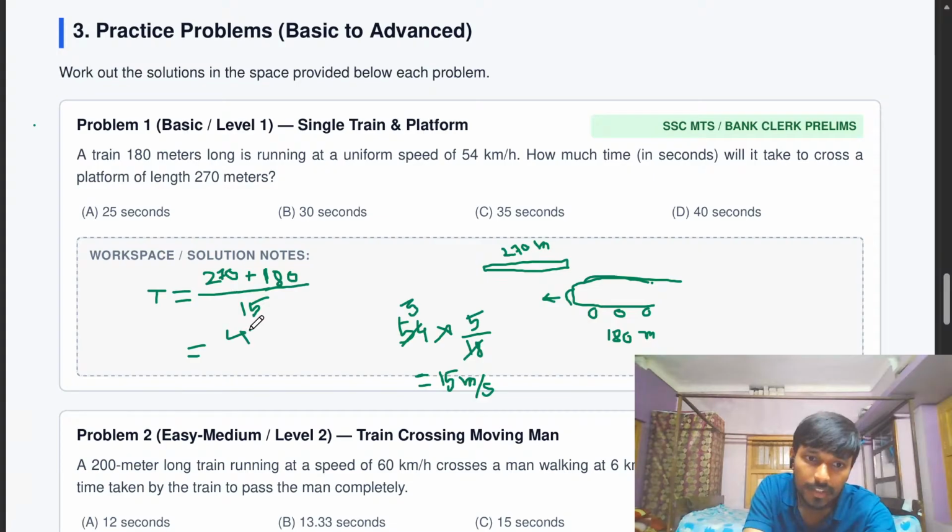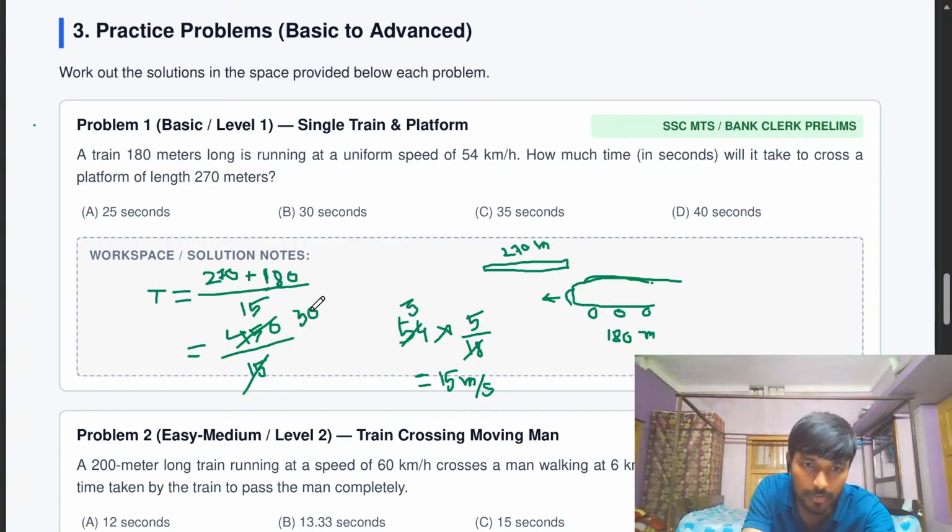So 450 divided by 15 seconds, which means 30 seconds.